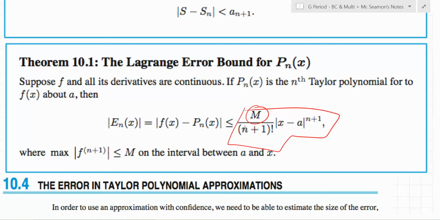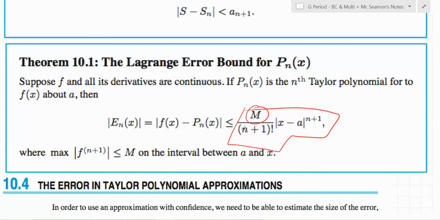As Taylor polynomials get longer and longer, as you add on terms, they become more accurate. So the error bound, theoretically, should get smaller.